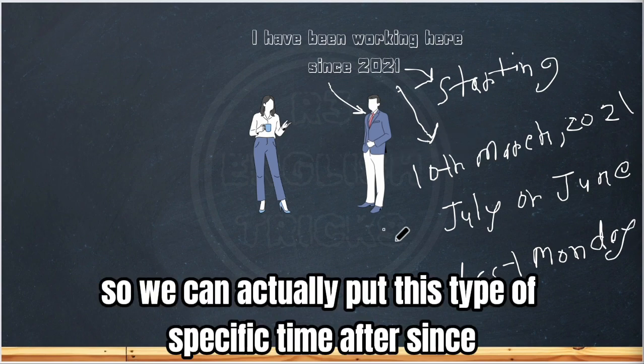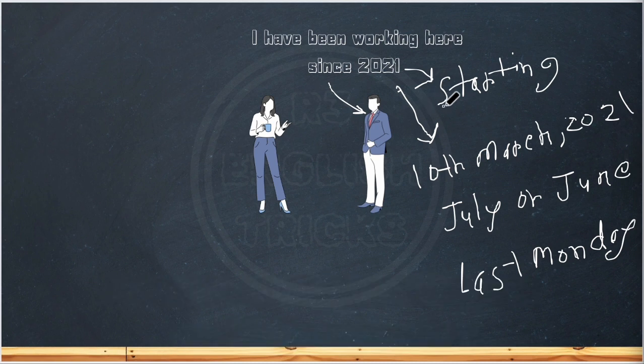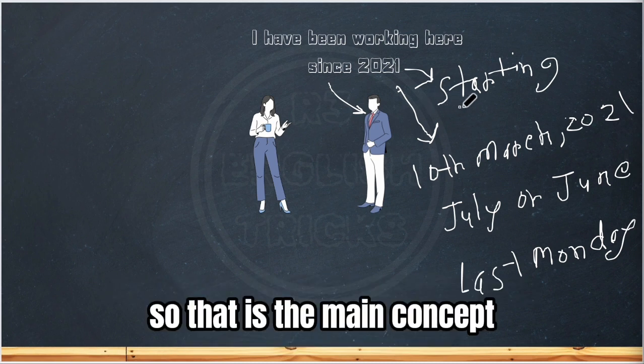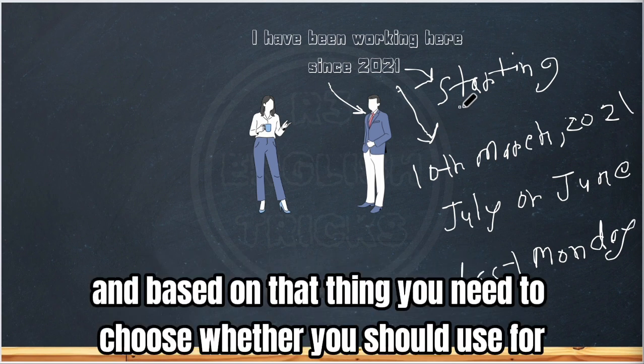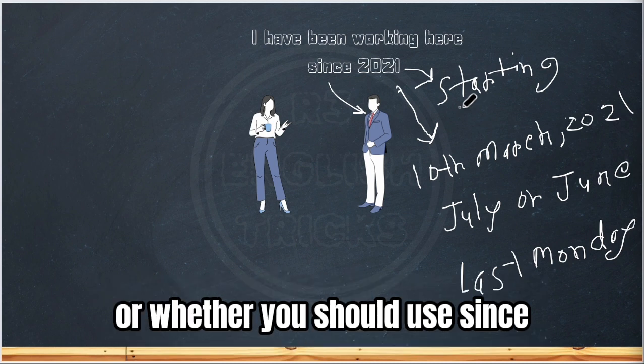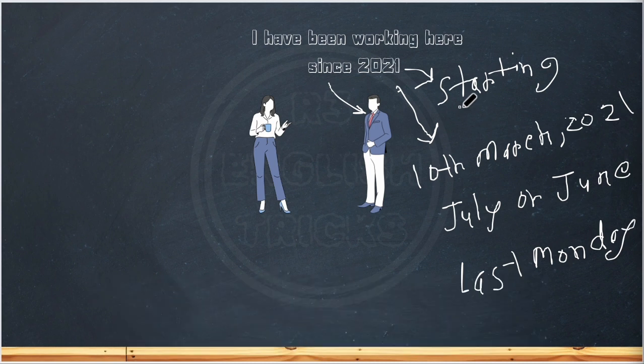So we can actually put this type of specific time after "since". So that is the main concept. Everything depends on what information you actually need to provide, and based on that you need to choose whether you should use "for" or whether you should use "since". Simple.